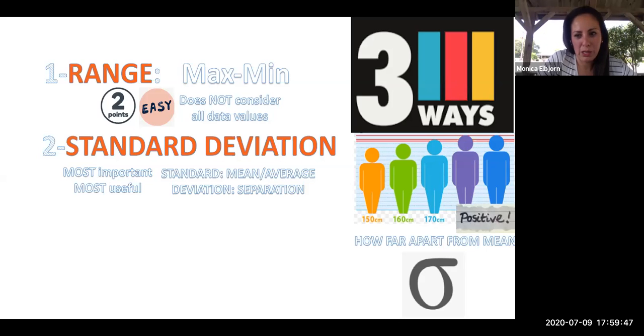But if we're talking about a sample, we're talking about the standard deviation. We could have standard deviation from the sample, and we could have standard deviation from the population. For the population it's sigma, and for the sample it's the letter S.